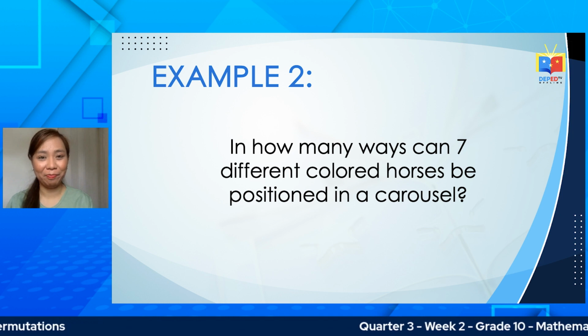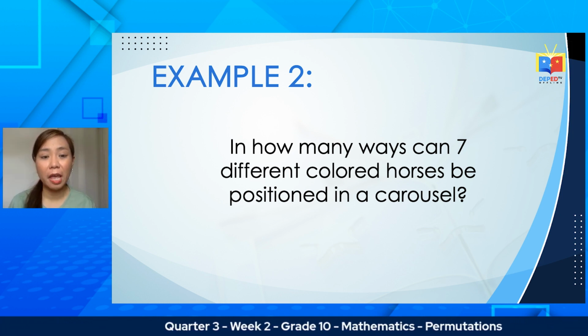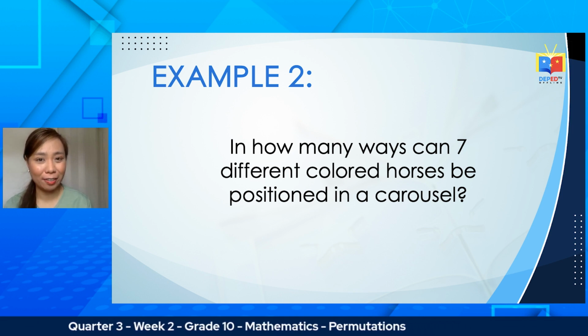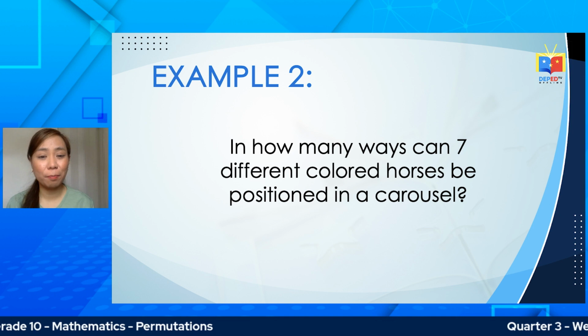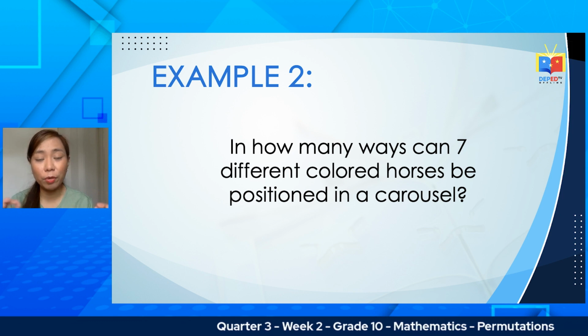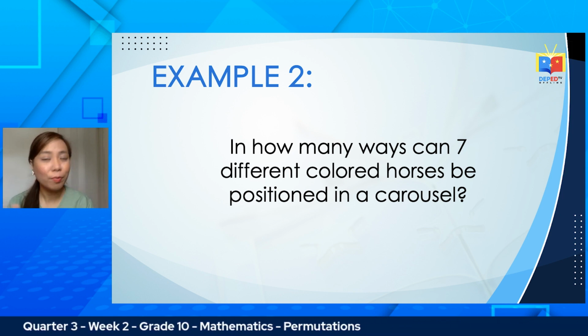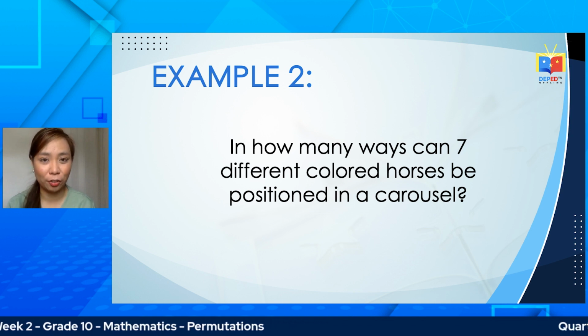Example 2. In how many ways can 7 different colored horses be positioned in a carousel? So, to solve this problem, take note that a carousel is actually a circular arrangement. So we will be arranging the horses in circular motion, so we will use the circular permutation.